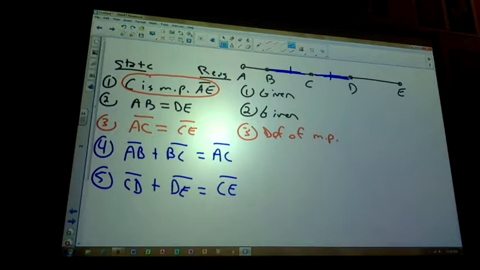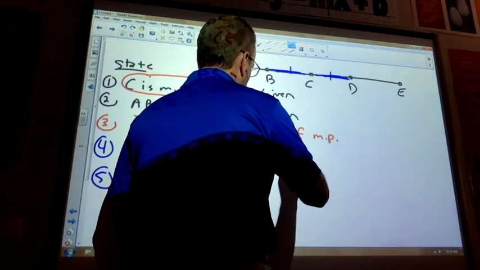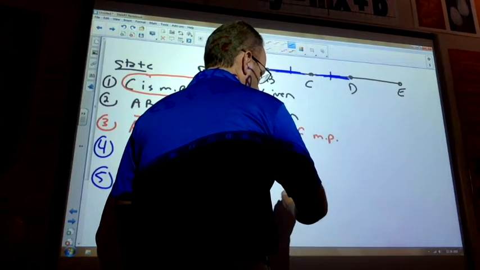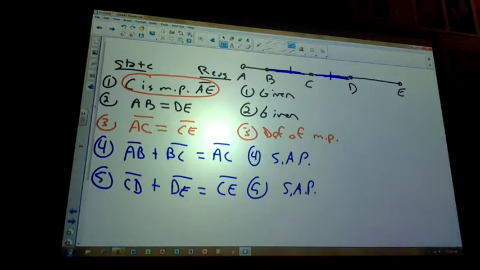Why can I state both of those? Segment addition. Is it always necessary? Some of your minds go to a different spot, which is okay. The segment addition postulate works really nicely right there, though.